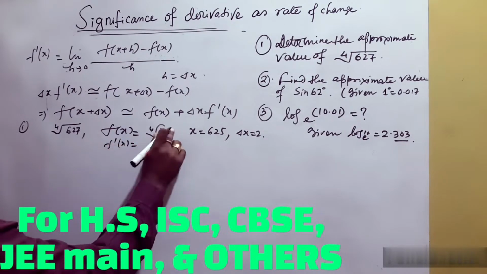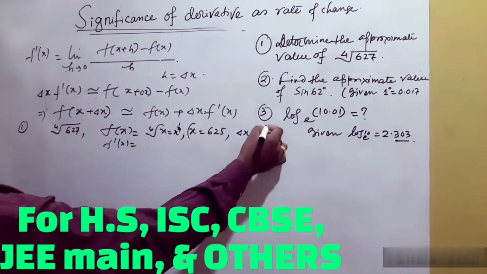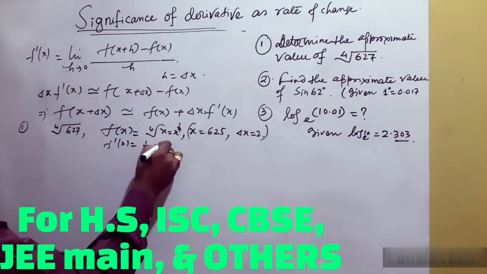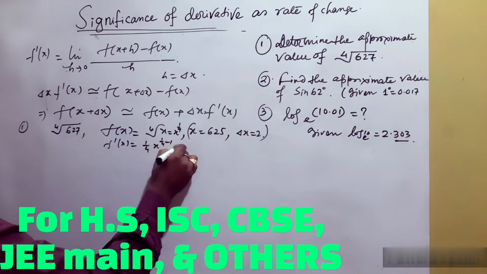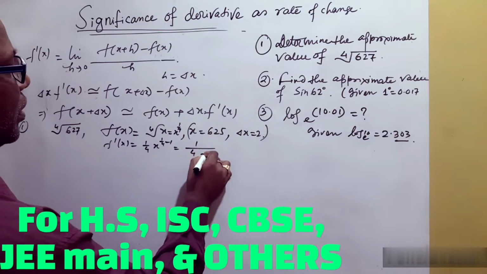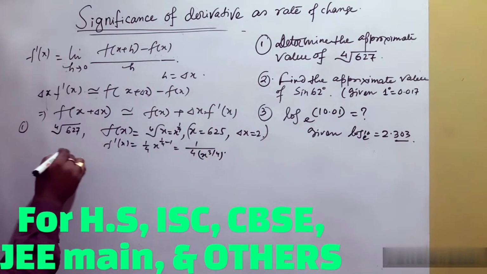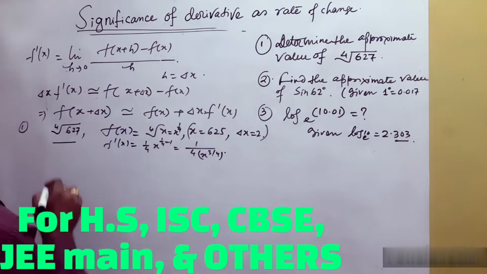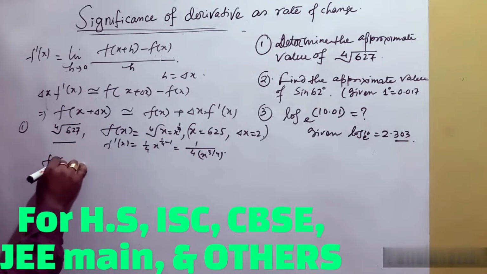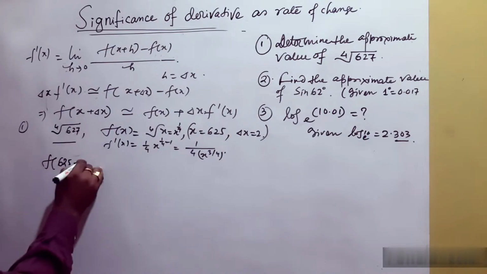For this problem, if we differentiate, f of x is x to the power 1 by 4, so f dash x is 1 by 4 times x to the power 1 by 4 minus 1, which is 1 by 4 times x to the power minus 3 by 4. Now x is 625 and del x is 2.